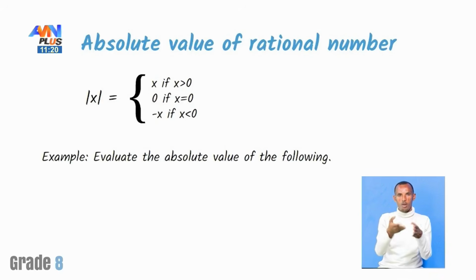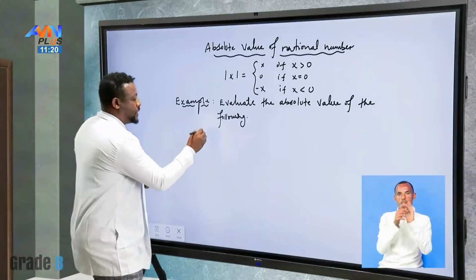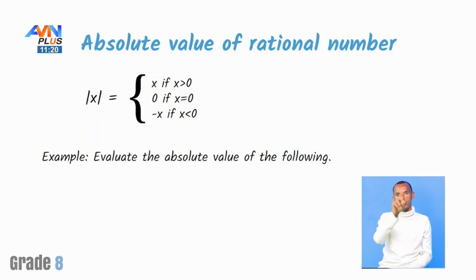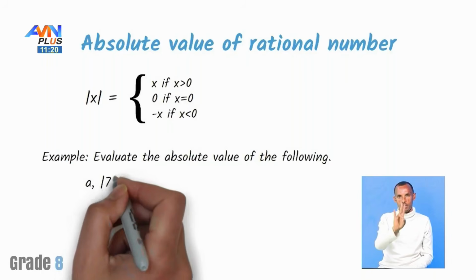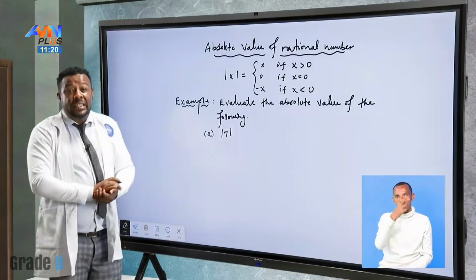Okay, now let's evaluate the absolute value of different numbers. For example, if we are asked to evaluate the absolute value of some number, say 7, the result will be 7.